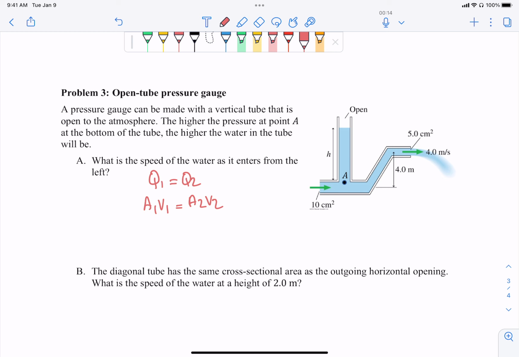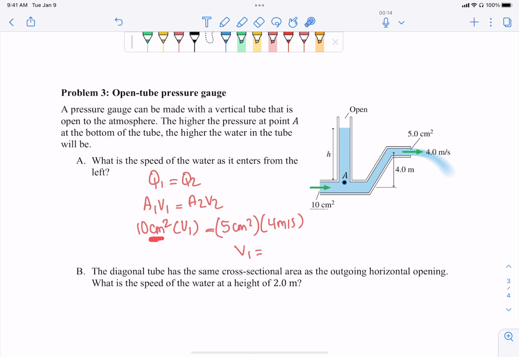The flow into the tube has to equal the flow out of the tube. So the flow in has a cross-sectional area of 10 centimeters squared, I want to figure out the speed, and I know going out it has a cross-sectional area of 5 centimeters squared and 4 meters per second. I can just solve for V1.